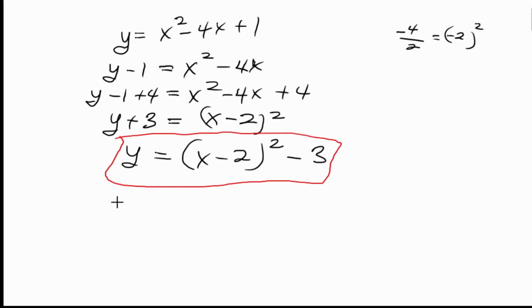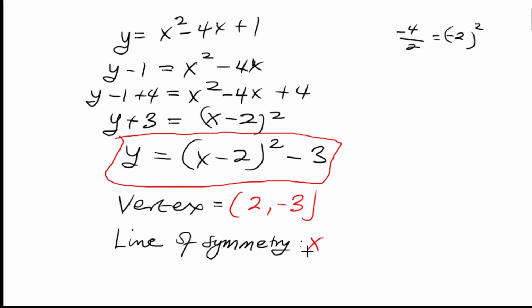So now the coordinate of the vertex of our equation is 2, -3. So it's h and k. So 2, -3. And let me add quickly that the equation of the line of symmetry is x equals the x coordinate of the vertex, which is 2.